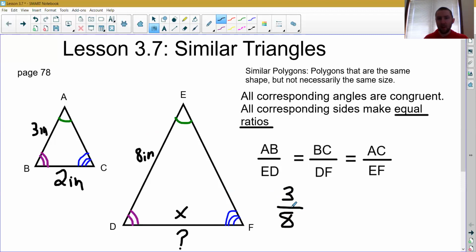It would work the same way if you did 8 over 3 as long as you do this next part also upside down. So I do 3 over 8, small triangle, big triangle, and then I take the 2 inches from the bottom of that small triangle and put that over some unknown value which I'm trying to figure out, this X down here, because that's the corresponding side with my 2 inches.